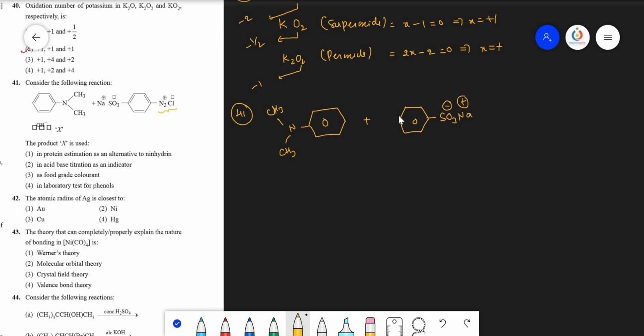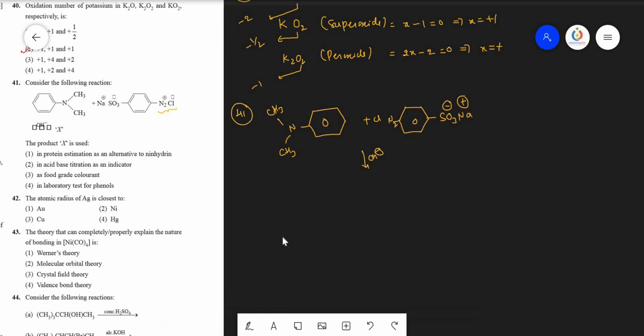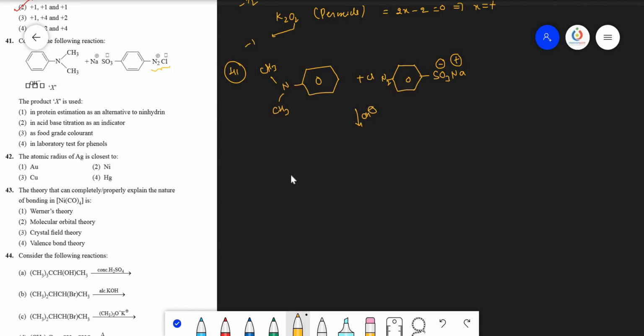In the presence of the base, this undergoes a coupling reaction and finally provides a molecule with Na plus, and here N(CH3)2.